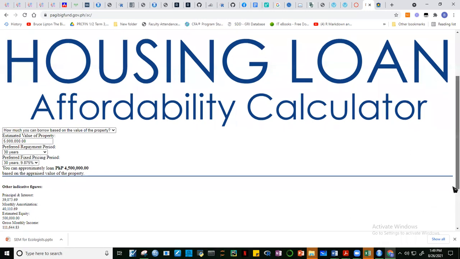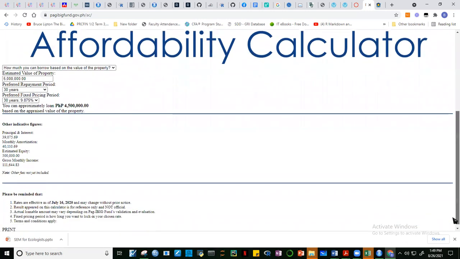And then you see here, may quantities pa na binigay dito. Sabi ni Pag-ibig, by the way guys, you can approximately loan 4.5 million. So ibig sabihin nito guys, yung 5 million na property na gusto nating bilhin, ang pwede lang natin i-loan sa Pag-ibig yung 4.5 million.